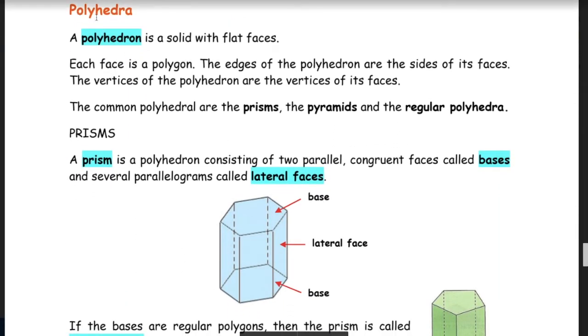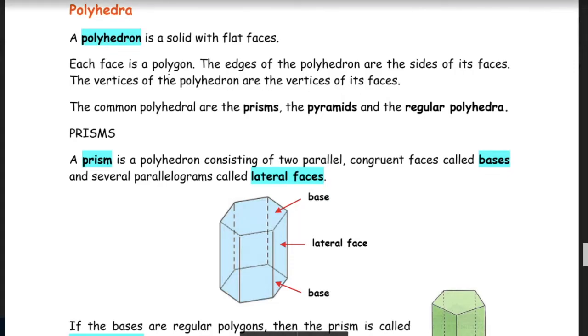So a polyhedra, a polyhedron, is a solid with flat faces. Each face is a polygon. The edges of the polyhedron are the sides of its faces. The vertices of the polyhedron are the vertices of its faces.